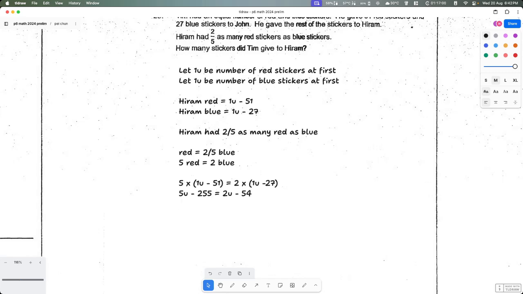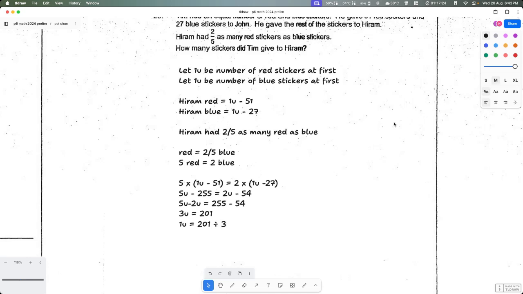So 5 units minus 2 units will be 255 minus 54. Then this becomes 3 units equal to 255 minus 54, which is 201. So 1 unit is equal to 201 divided by 3.